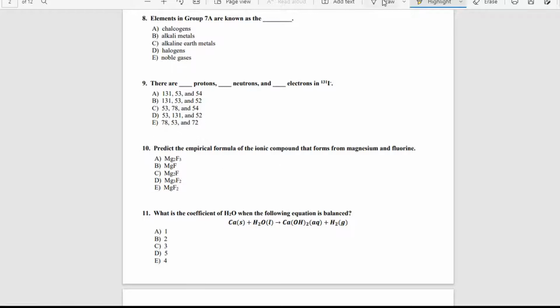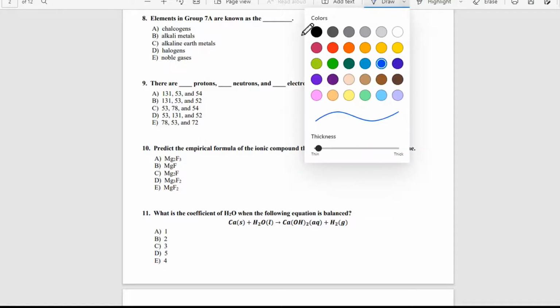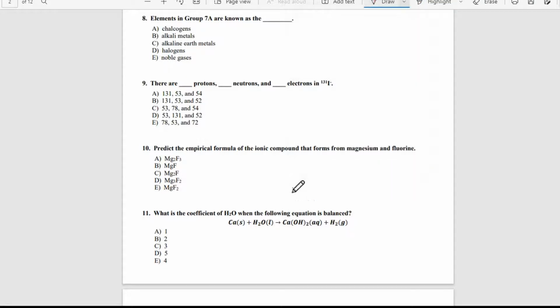To figure out the empirical formula then, all we have to do is look at the individual ions. So what is the ion that is formed by magnesium? What's the charge of a magnesium ion? 2 plus. What's the charge of a fluorine ion? Yeah. So when you're writing these formulas, you want to balance the charges.